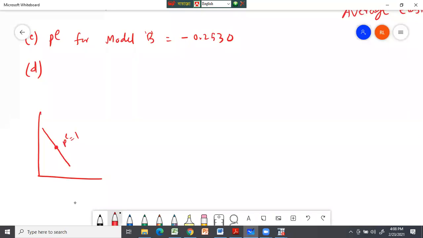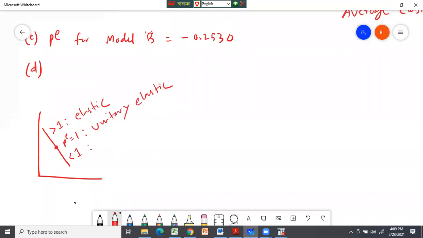আচ্ছা yes, here sir, at the middle point of the demand curve, the elasticity is always 1. If you go to the upper side of the demand curve, the value of elasticity is greater than 1. On the lower side, the value of elasticity is less than 1. When the value of elasticity is greater than 1, this is elastic. When it is exactly equal to 1, it is unitary elastic.